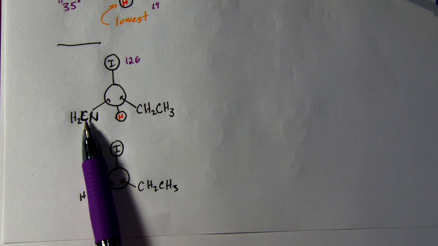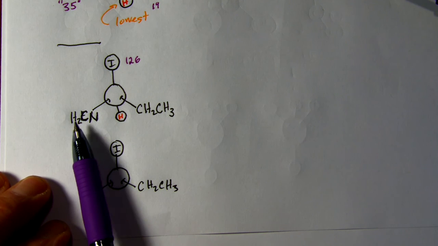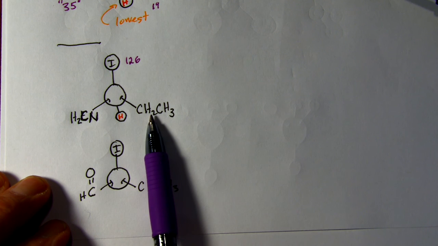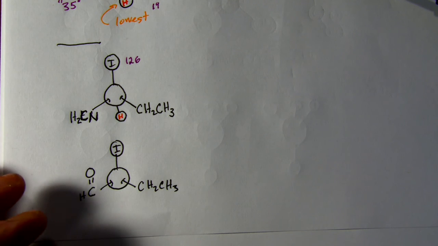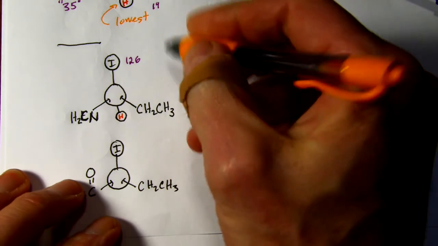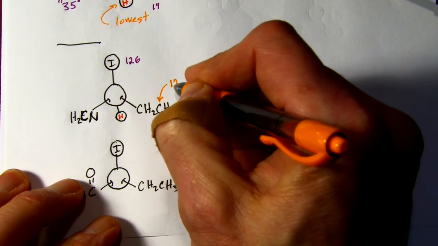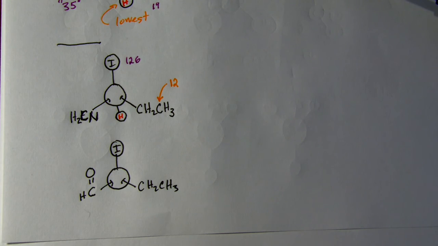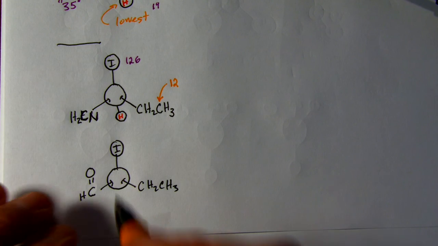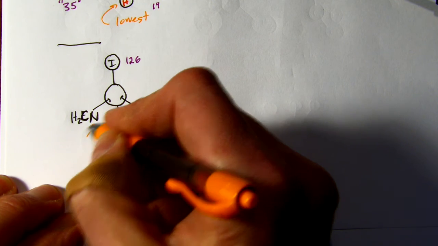So what we do is we look for the next highest priority. Well, this carbon has a hydrogen attached, but so does this. No big deal. So who's next? We look at this one, and this one has carbon, which has an atomic mass of 12. But this one has nitrogen, and that has an atomic mass of 14.